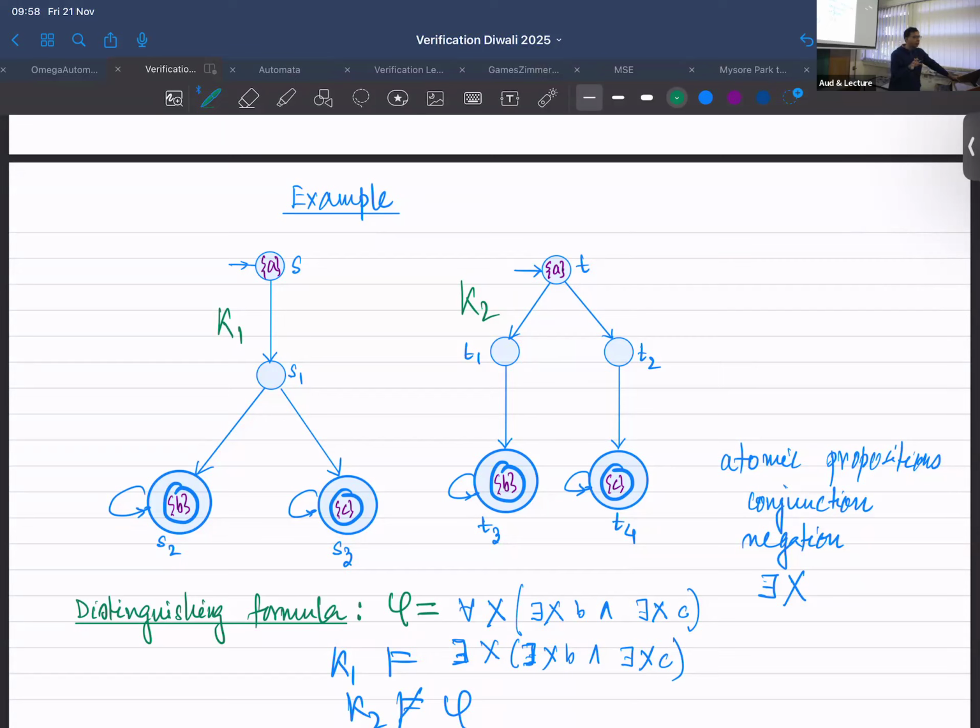If they are not simulation equivalent, they cannot be bisimilar.